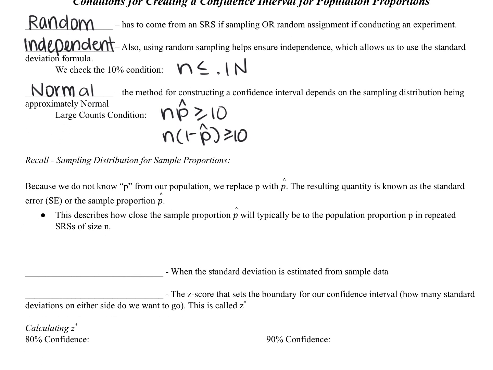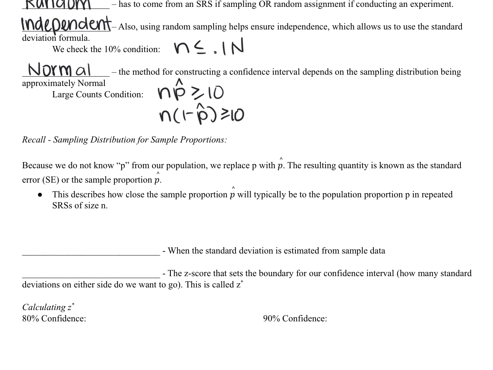When we were dealing with sampling distributions for sample proportions, we did not know P from our populations, so we are replacing P with P hat. And when we do so, instead of calculating a standard deviation, we calculate something called standard error for the sample proportion P hat.